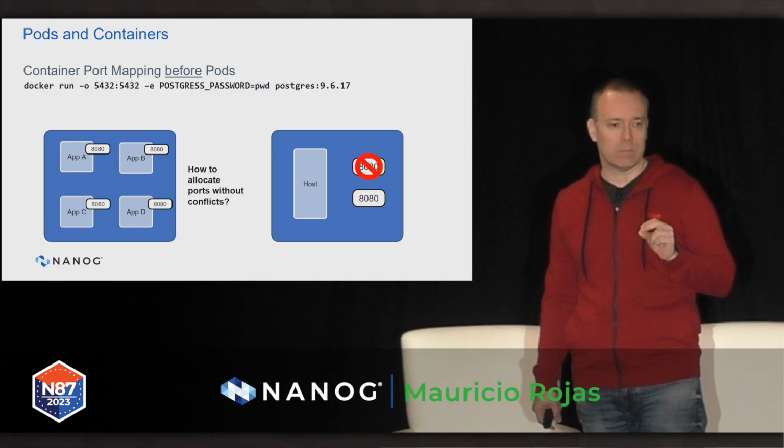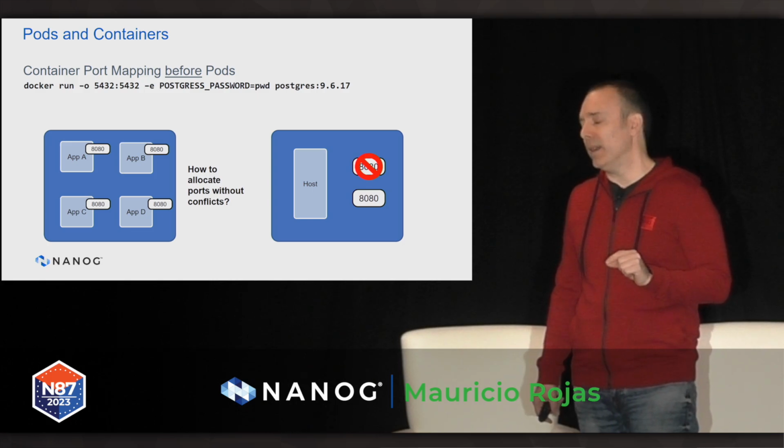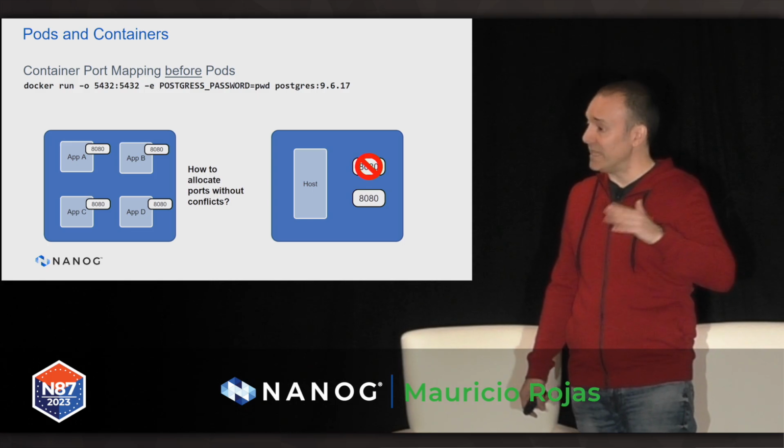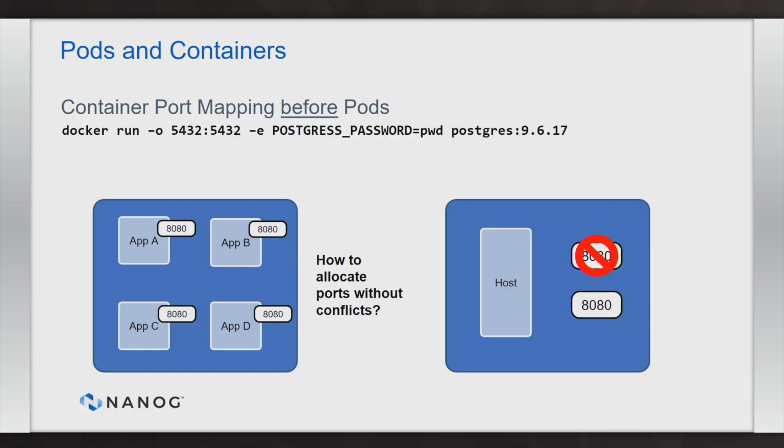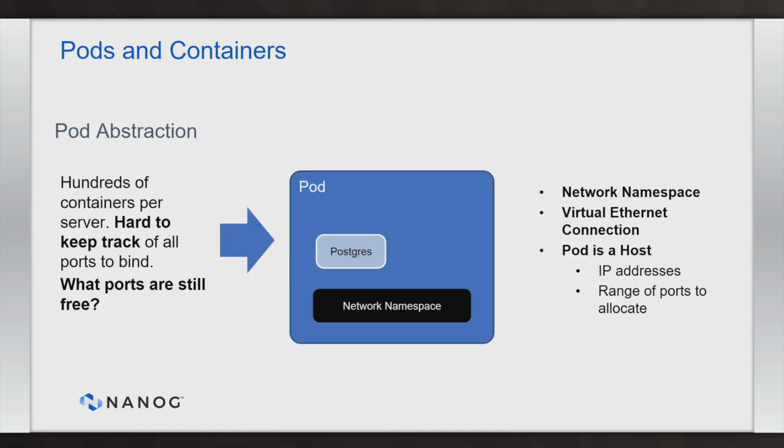But if you have more than one instance of the same application in the same host, you cannot reuse the same port number. Then you need to figure out maybe to use another port number in the same host. And if you have many replicas, maybe it's going to be some sort of trouble. Then how can we solve that? And then the pod is coming.